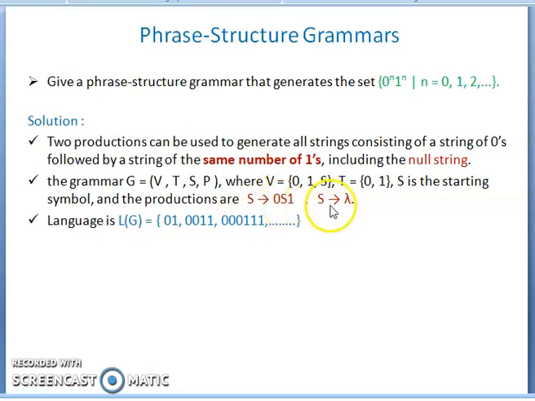Substitute the null string and you get 2 zeros and 2 ones. Again, with one S in between, 3 zeros, S, and 3 ones. You substitute lambda for it.